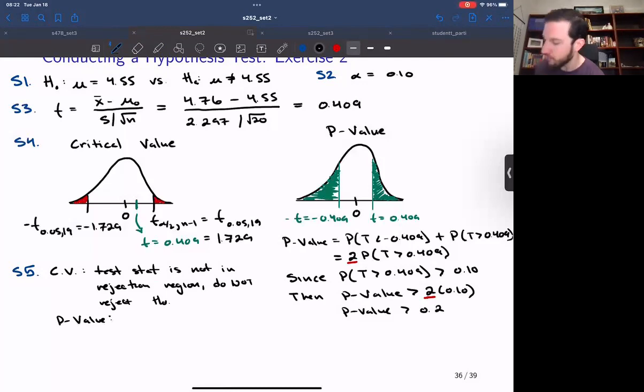If we take the p-value approach, we can say the p-value is greater than 0.2. 0.2 is bigger than 0.1. Therefore, the p-value is bigger than alpha. It's greater than alpha. So do not reject H0.